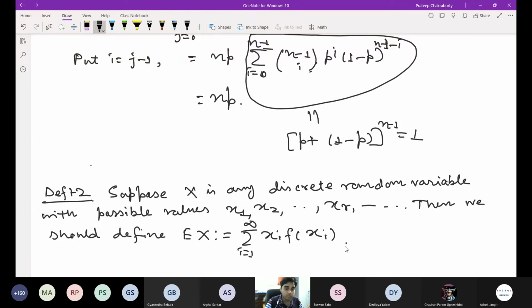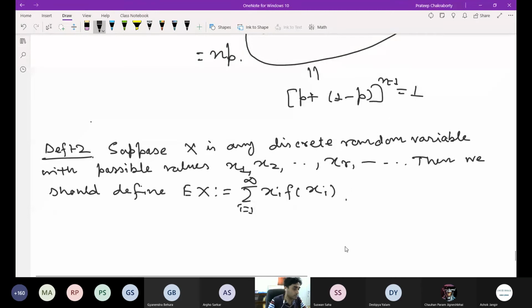So what do we do? We consider summation of mod of x_j times f(x_j), because we don't know whether x_j is positive, negative or zero. x_j can be anything, but f(x_i) is always positive.